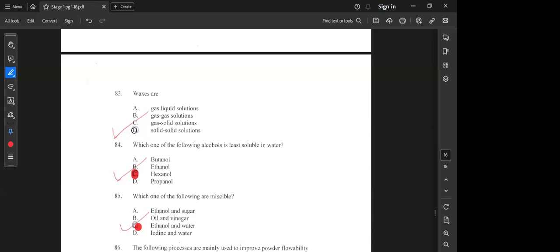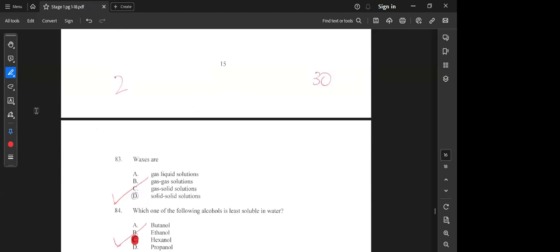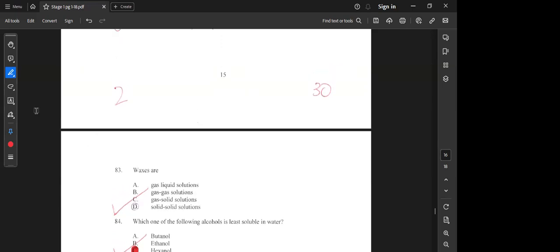Waxes are what? Gas liquid solution, gas solid. So the answer is solid solution. Solid solutions. Why? How? I'm just asking. Because it can't be gas. Okay.